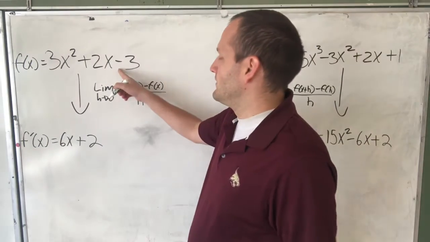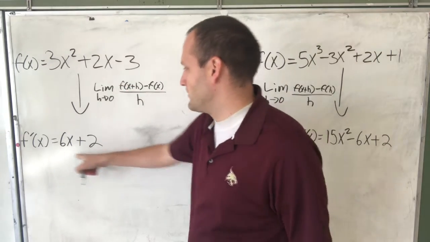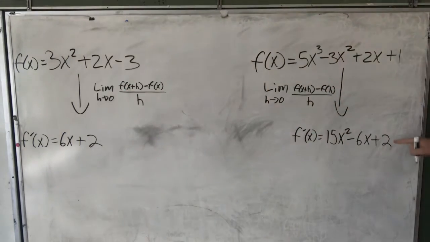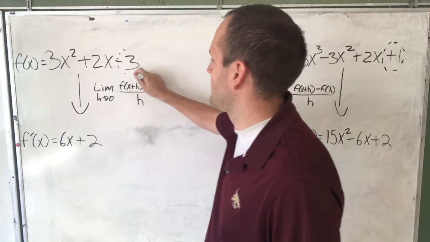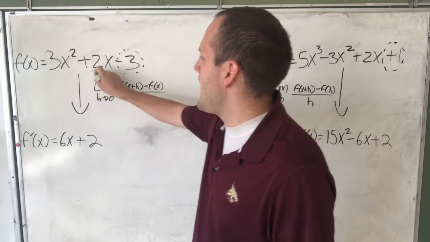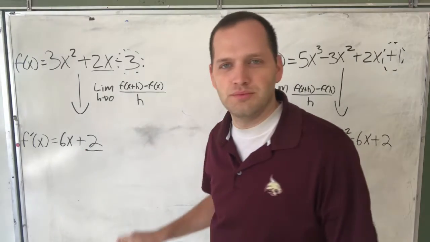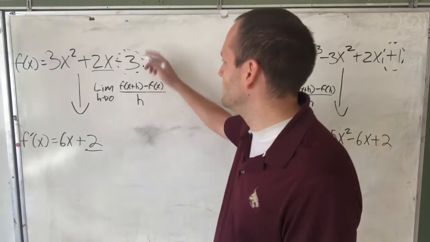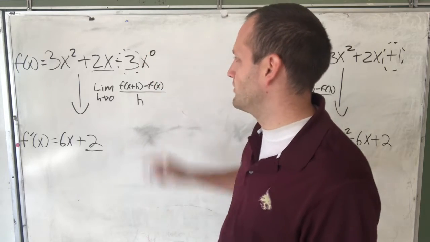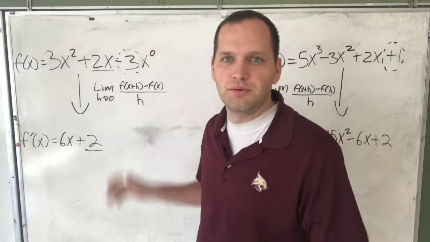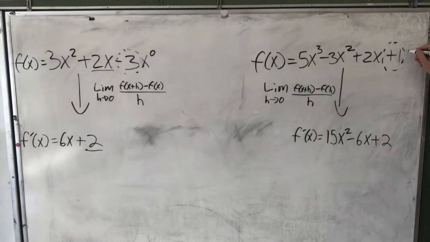Now we know this -3 doesn't show up anywhere down here. Same thing with this +1, it doesn't show up anywhere down there. The 2x just becomes a 2, so it lost an x. Here, this technically had an x to the 0 power, and now it's totally gone.